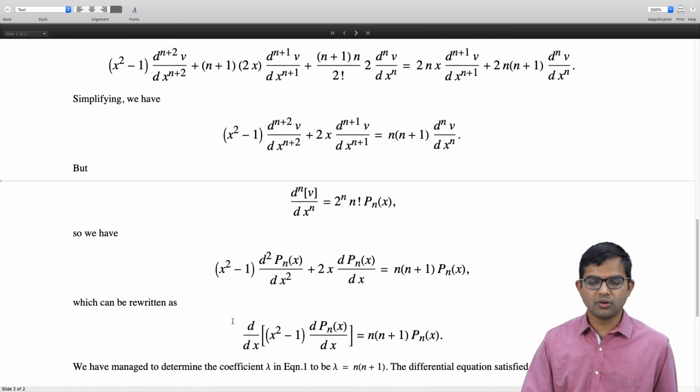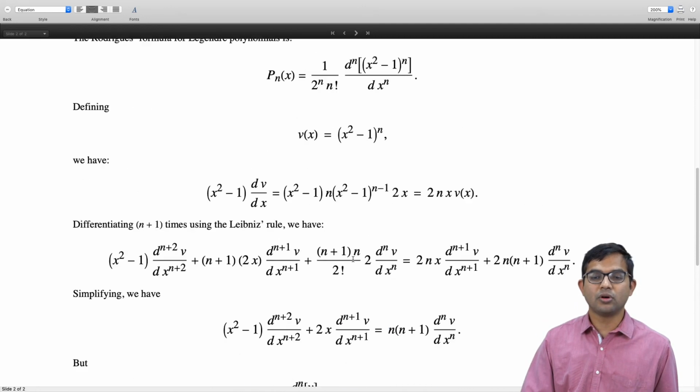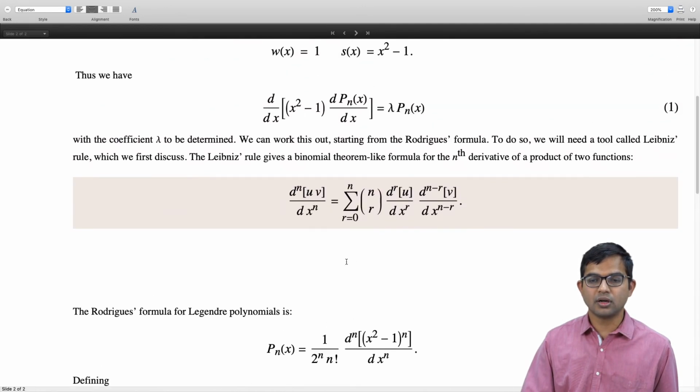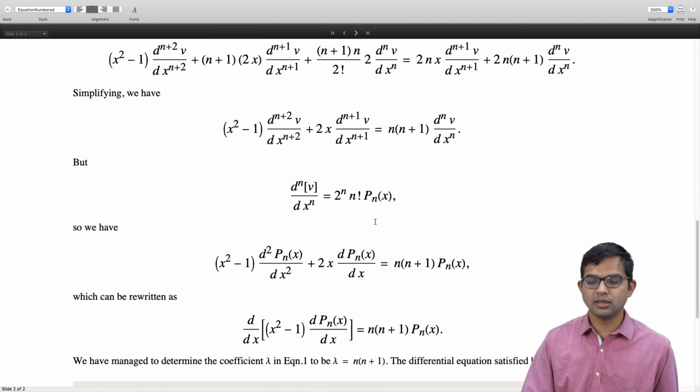A moment's thought here reveals that this is really the same form that we already started with. We wanted to work this out, and so in fact we have obtained our lambda. So the lambda here corresponding to the nth polynomial is actually just n times n plus 1, right? You can think of this as an eigenvalue equation.